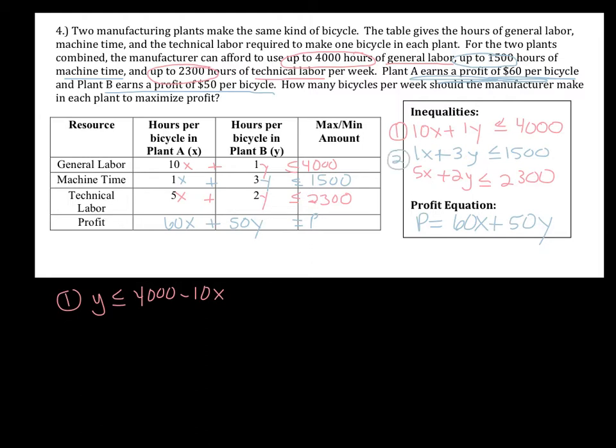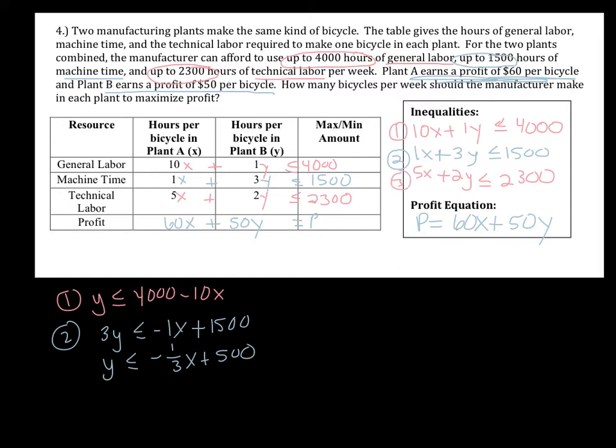My second inequality, I would subtract the x to the other side. So I'd have 3y is less than or equal to negative 1x plus 1,500. And then I'd divide by 3, so that negative 1/3 x plus 500 is my simplified inequality.